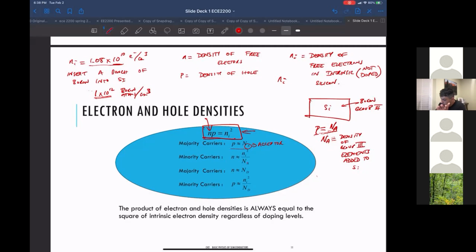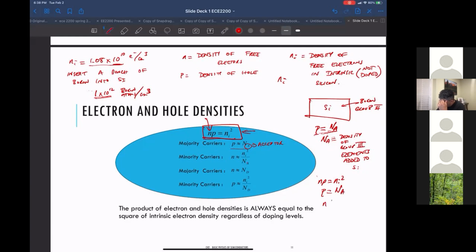Now, because of the first equation, n times p is equal to n sub i squared. We said we put in so many acceptors that p is equal to the density of acceptors.